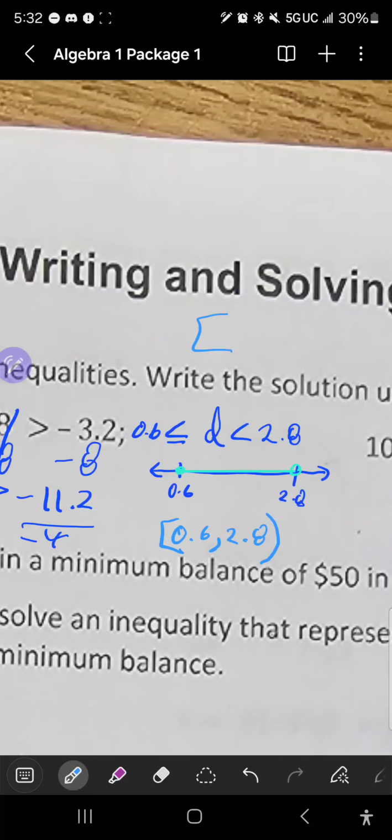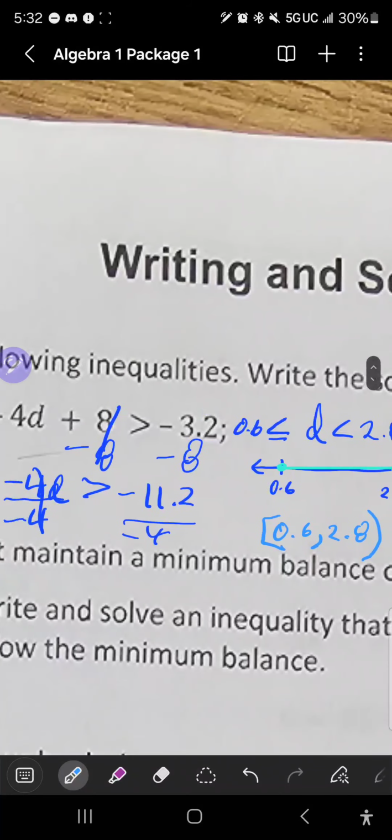So we put the first value, or the smaller value, on the left, which is going to be 0.6, comma, the greater value, 2.8. And as you see, this does not have the equal sign, so we cannot put a bracket. We need to put a parenthesis.